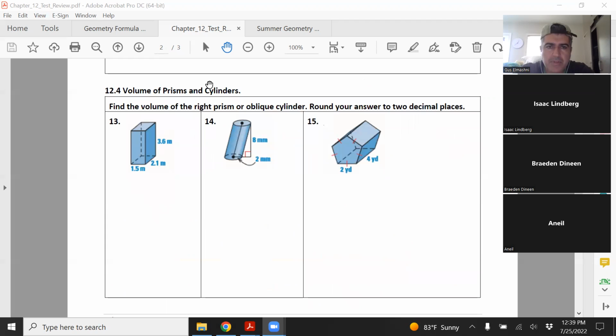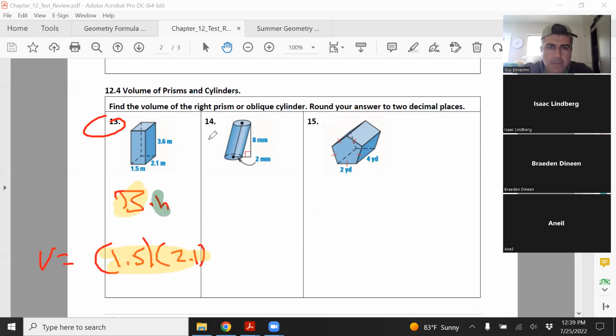Volume of prisms and cylinders. Remember, it's area of the base times the height. So this one here for number 13, 1.5 times 2.1. What's the base? And height is 3.6. You just multiply all of it out.